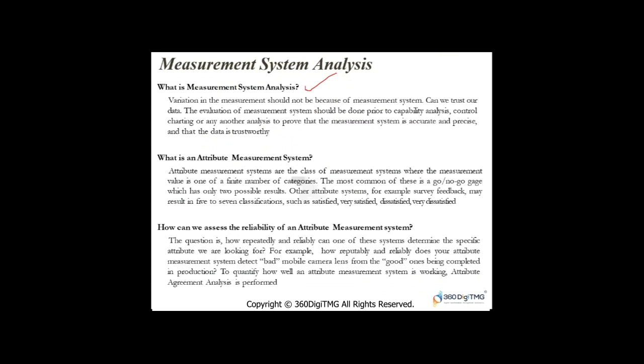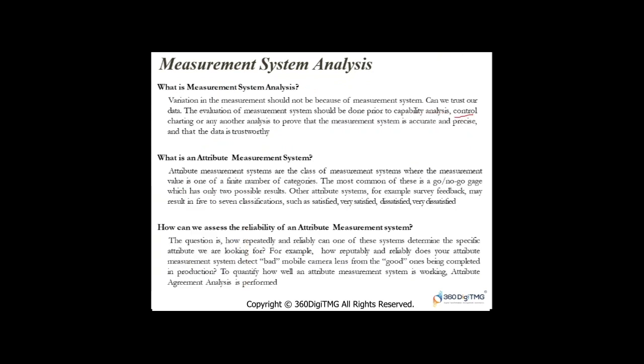Variation in the measurement process should not be because of the measurement system. All right? Can we trust our data or not? The evaluation of measurement system should be done prior to any capability analysis. We'll learn about this capability analysis using CP/CPK later on in the topic.